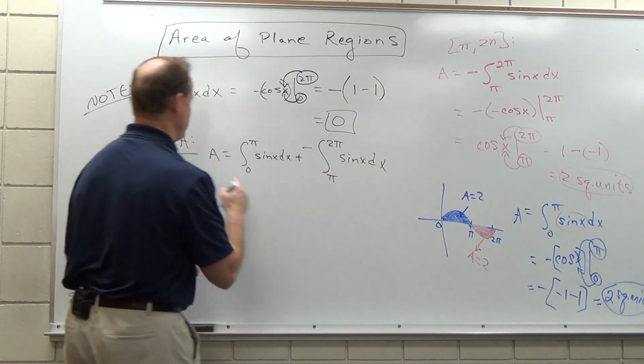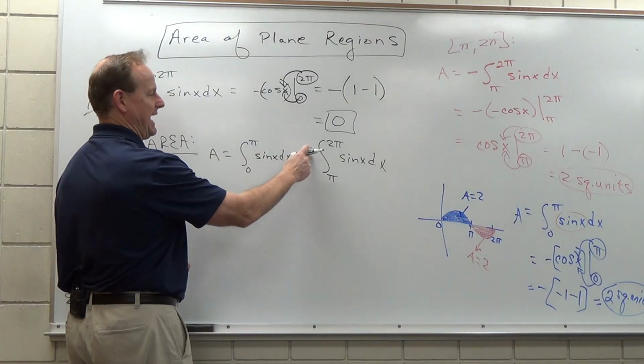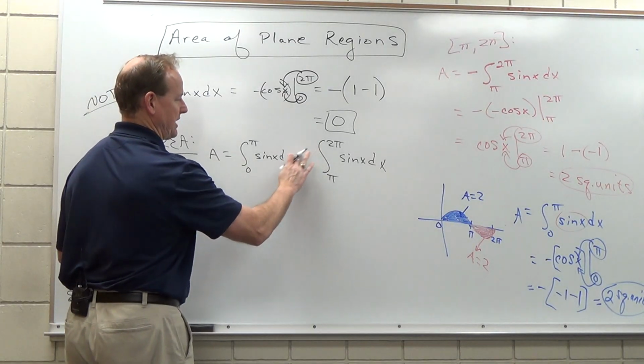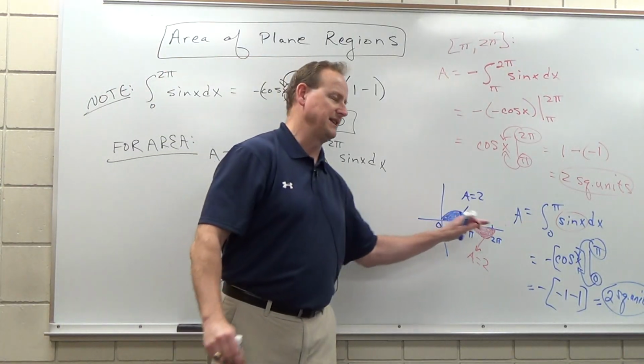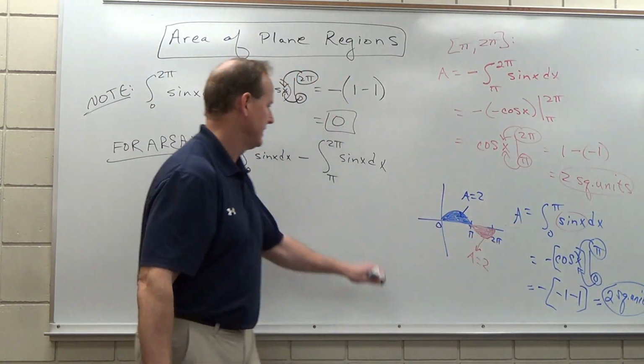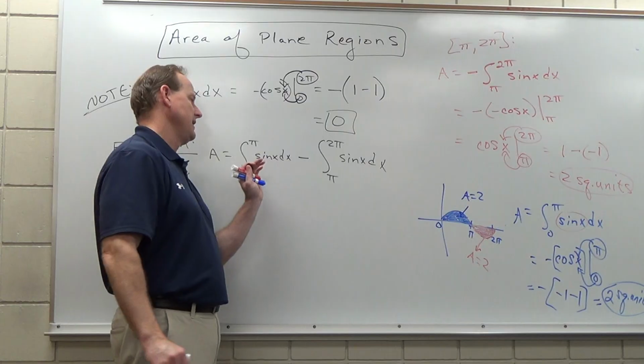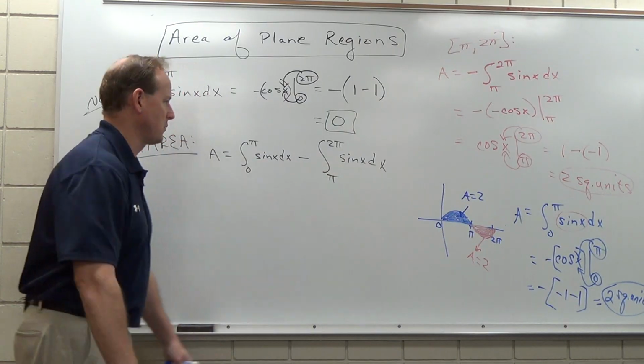Now if you add the opposite, that's the same as subtracting, right? So I could actually take the first one, which is positive, and then subtract away the next definite integral, which is negative, and that ends up being 4 square units.